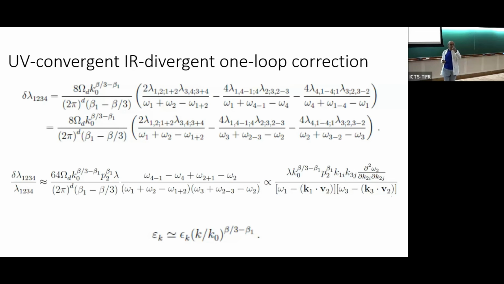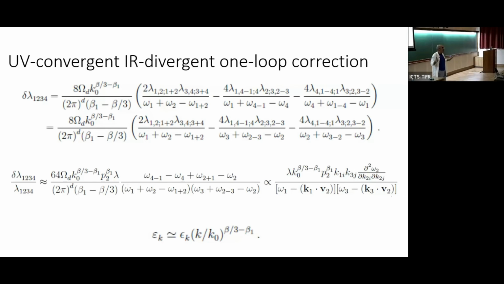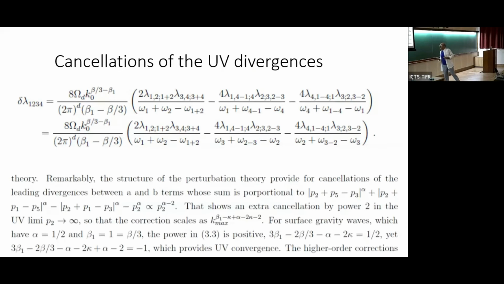Moreover, it tells you something pretty unexpected, namely that when you keep your level of nonlinearity at a given scale, namely your flux, your dissipation rate of energy, fixed, but your K naught goes to zero, no matter how small your naive dimensionless parameter is, your waves are strongly interacting. This is truly unexpected.